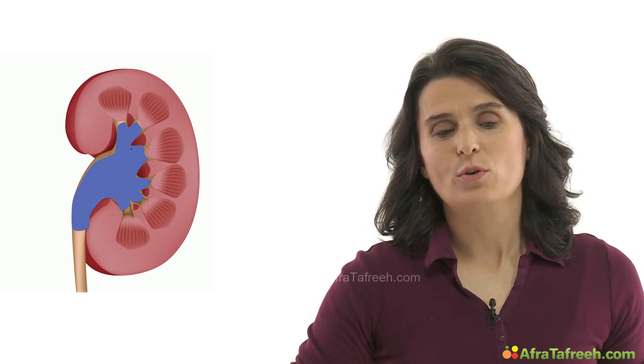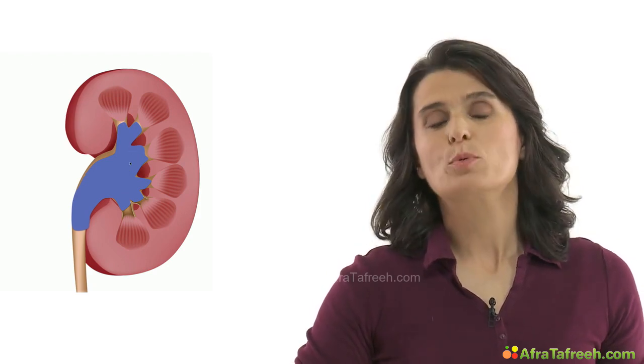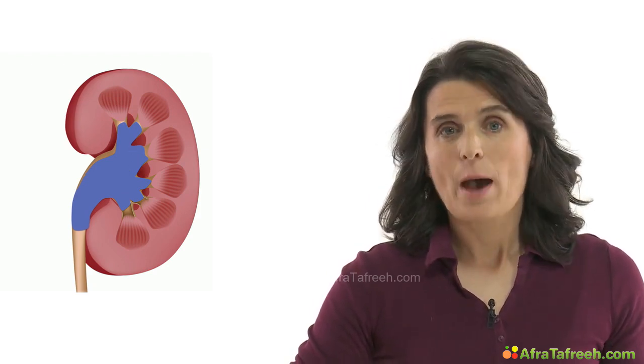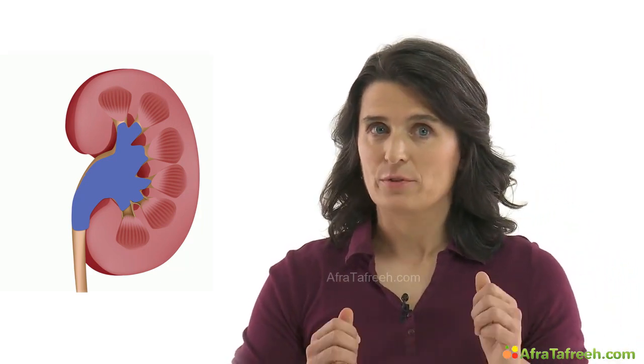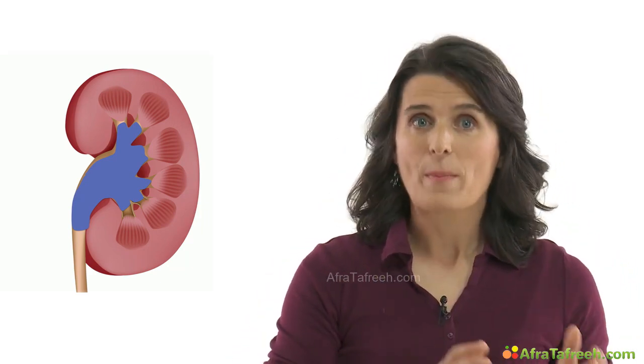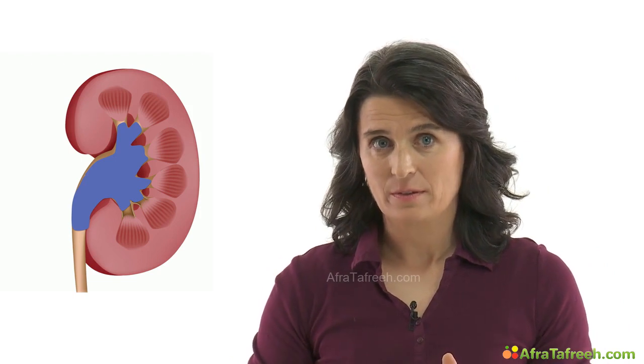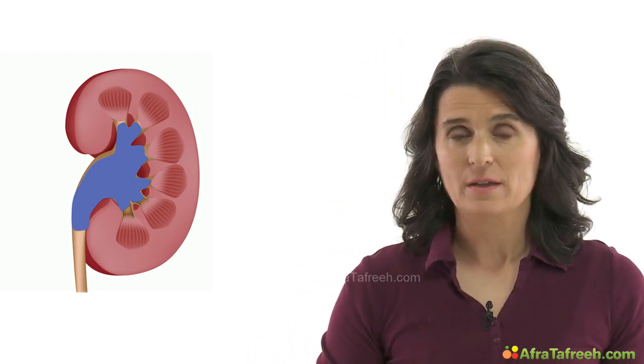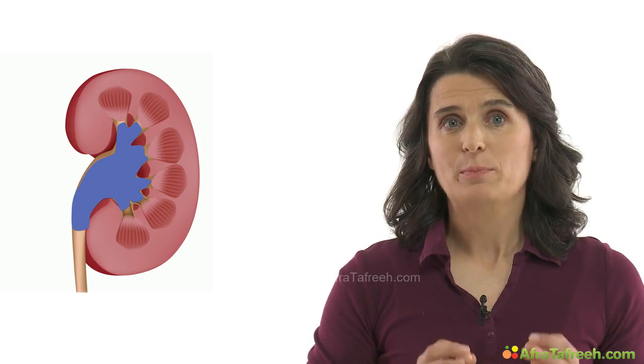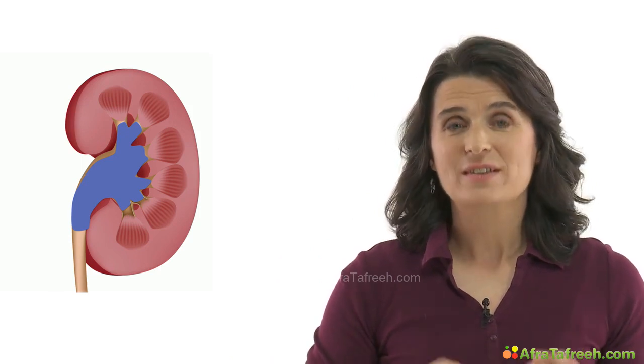In this case, also the calyces are dilated, so this would be a hydronephrosis grade 2. But when we distinguish hydronephrosis grade 1 from ampullary renal pelvis, the most important fact is that in ampullary renal pelvis, the urethra is not dilated.